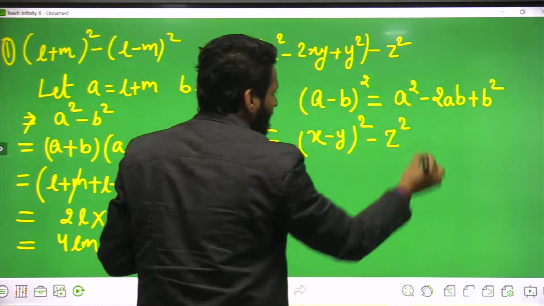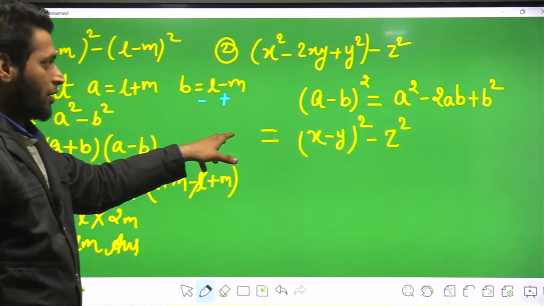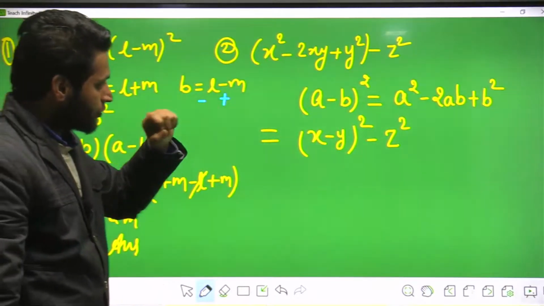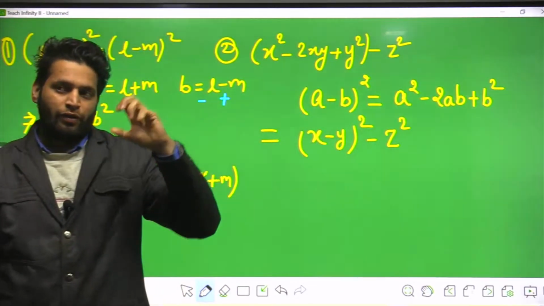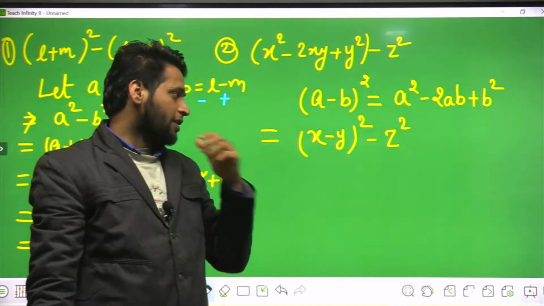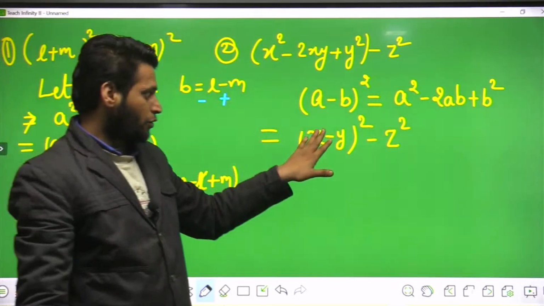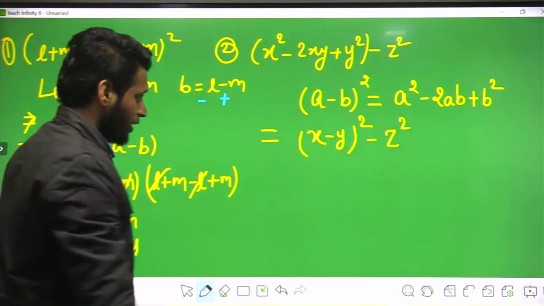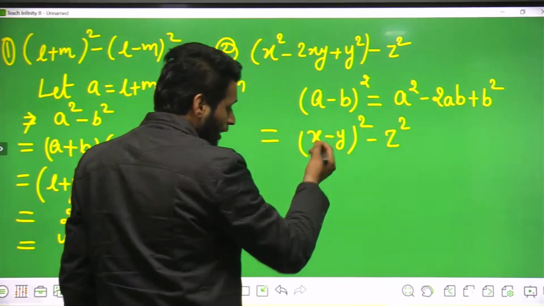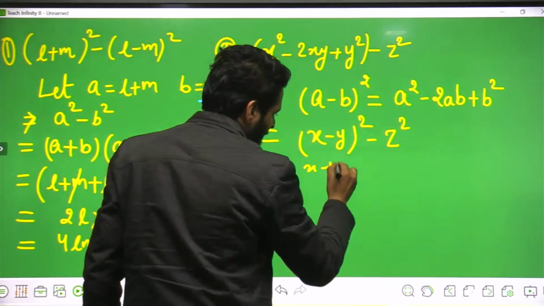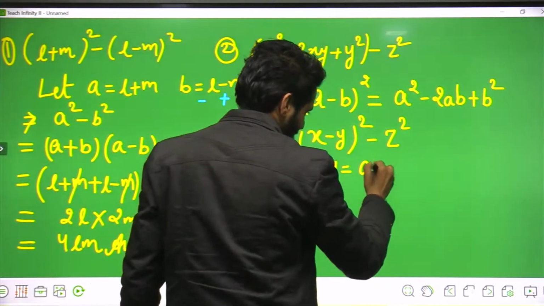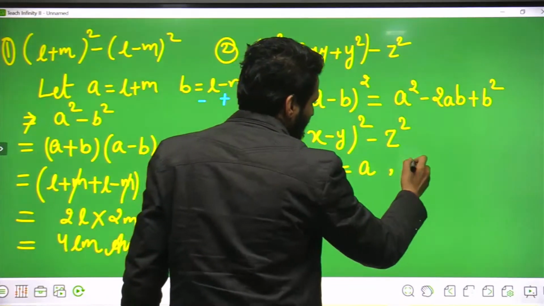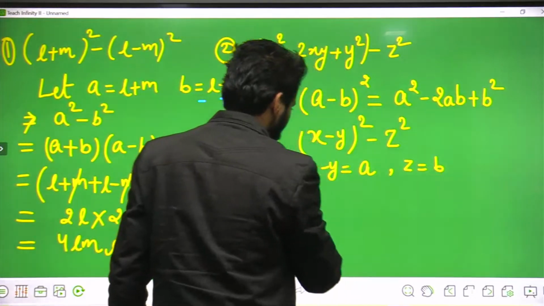Be as it is. Now again we can check, we can apply one more identity, the identity a square minus b square. Let's assume x minus y is a, and z is equal to b.